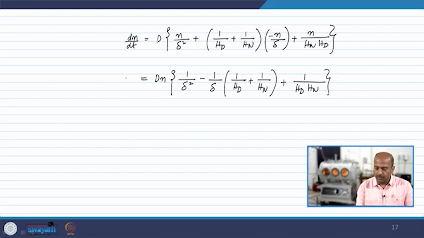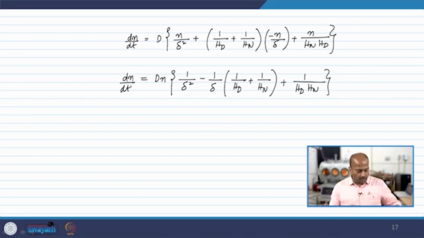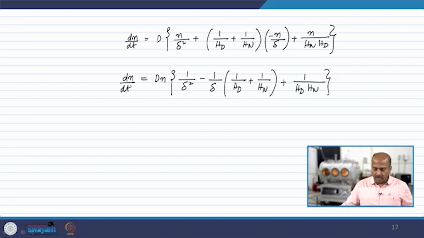Okay, so this is dn/dt. So, dn/dt seems to be proportional to n when you assume everything else to be a constant, at a particular height, of course.